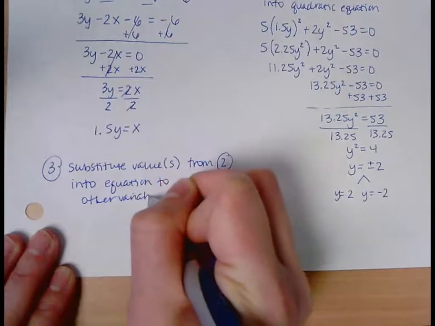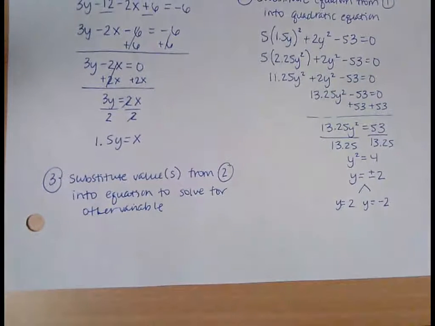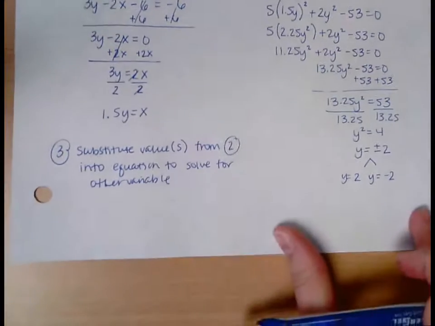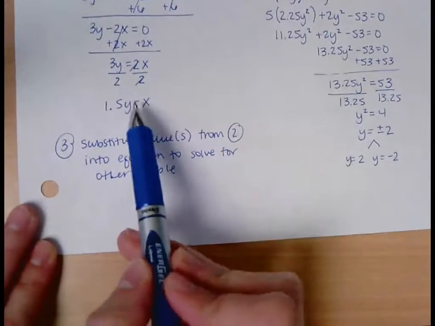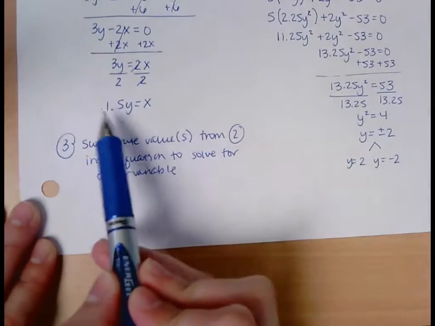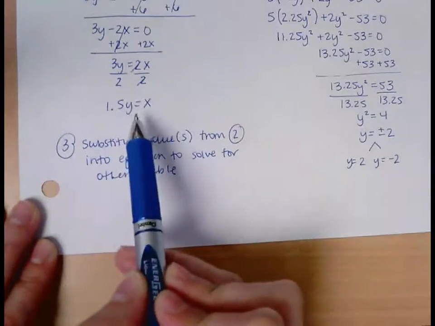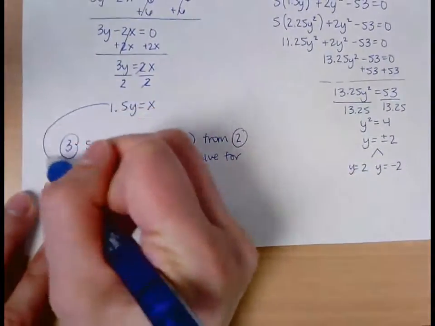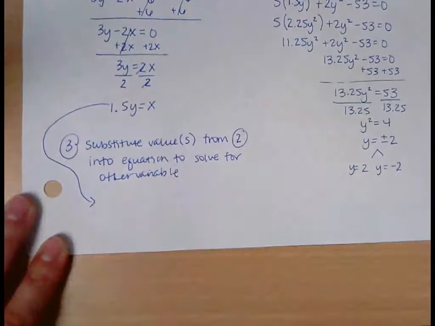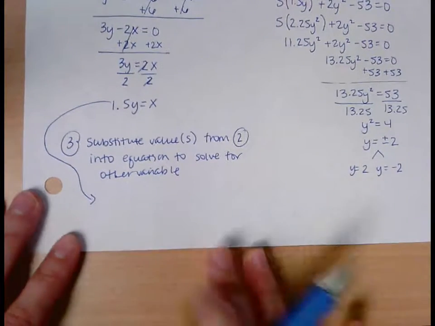In this case, it's x, but maybe in a different example, you found x instead first, and now you're trying to find y. Okay, so I'm going to choose to substitute it back into this equation here, just because I already solved this one for x. You could go back to the very beginning, one of those 2 equations as well.